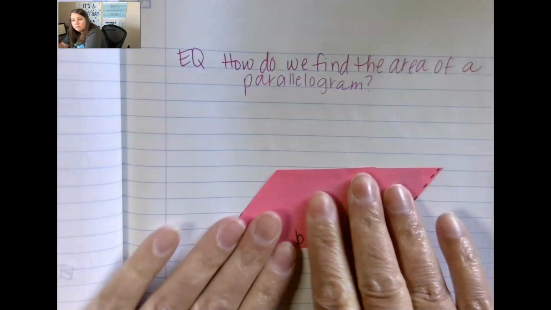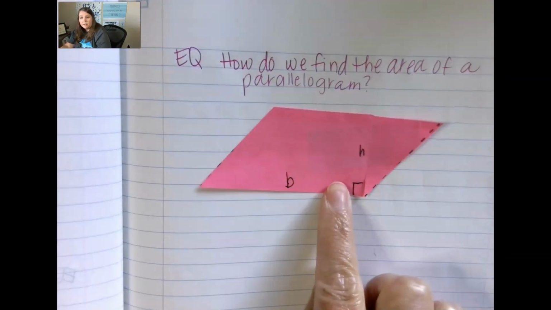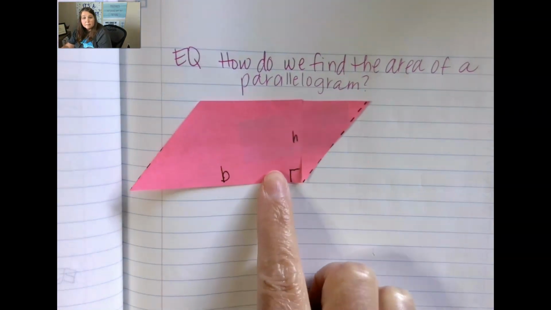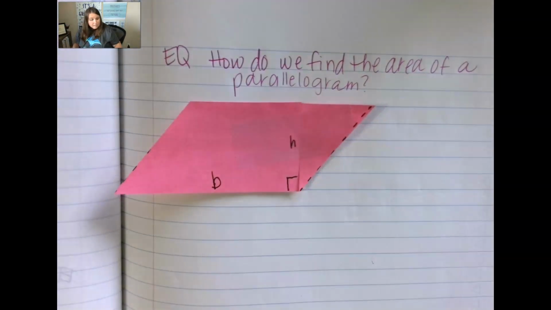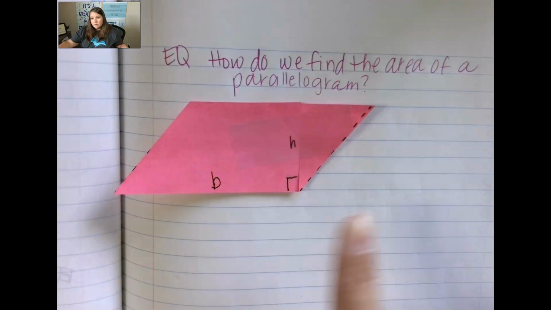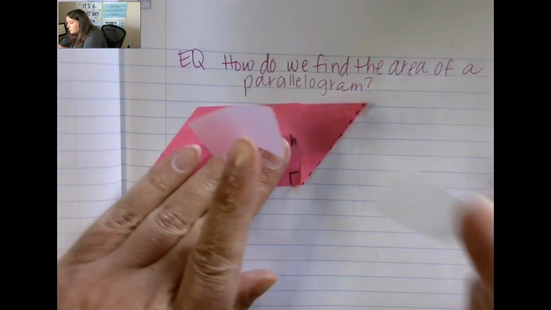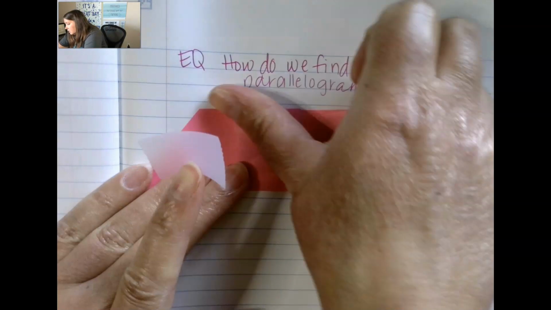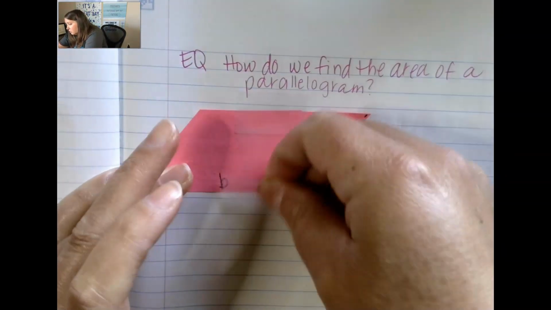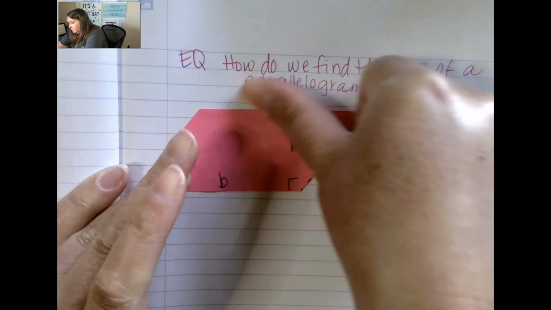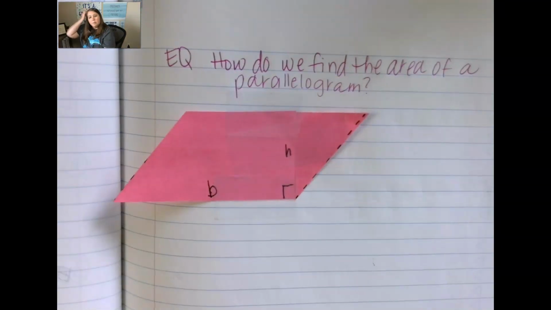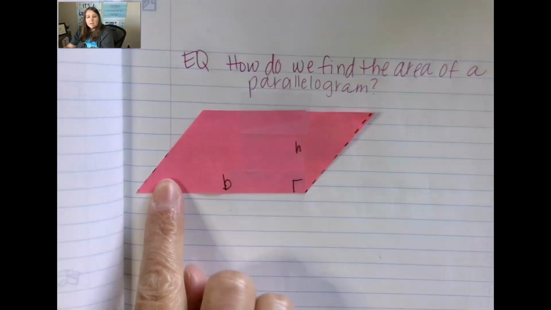Okay, so there we go. We've got a parallelogram. We cut off the corner, scooched it over, and now you have the height on the right angle there and the base. So I'm just going to tape this right into here. You can draw this shape or you can make your own, but I'm going to put this in here now so that you can see it as we move on.